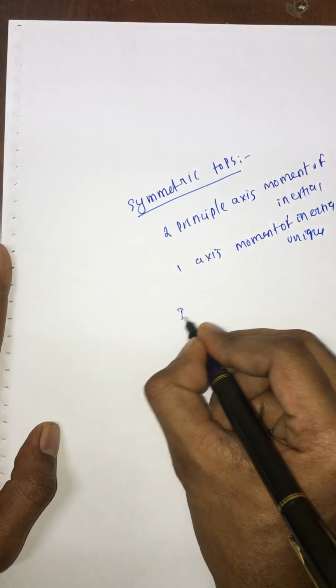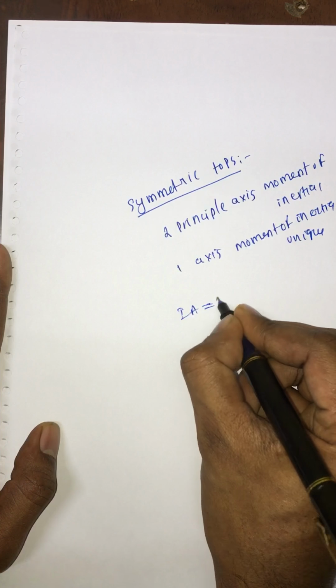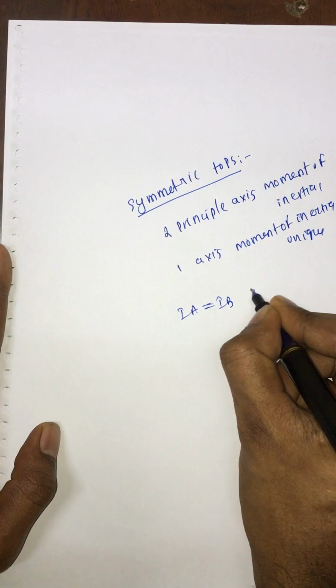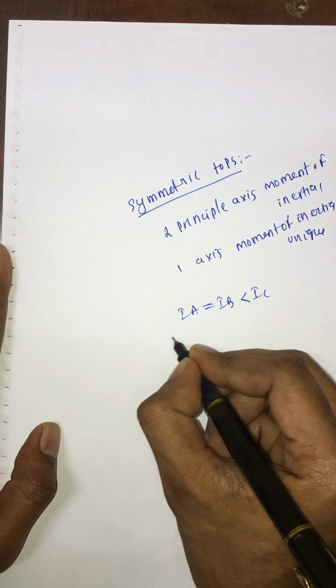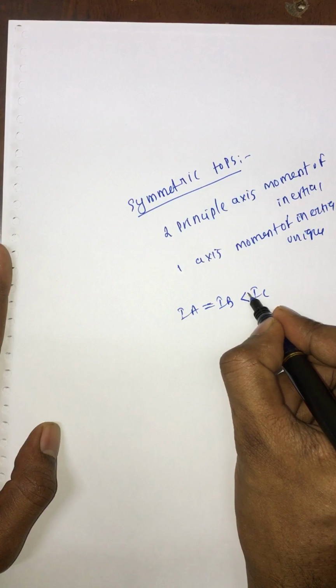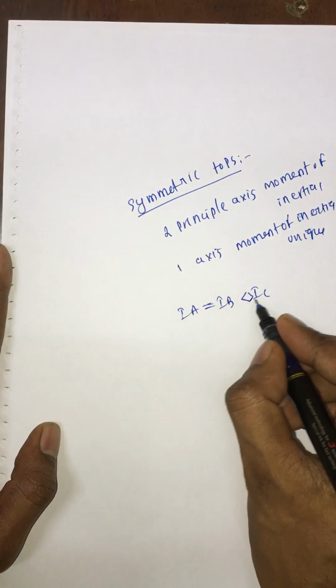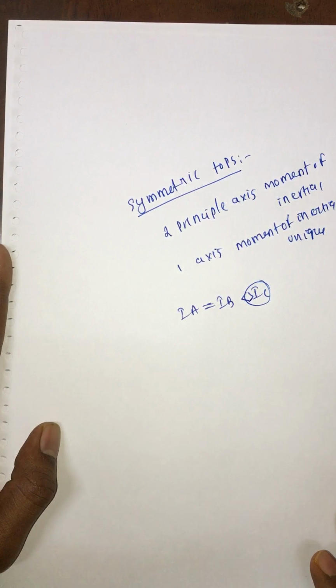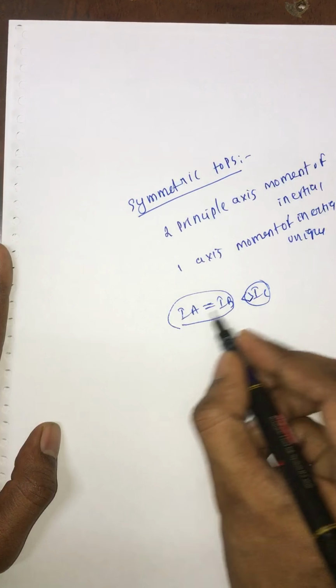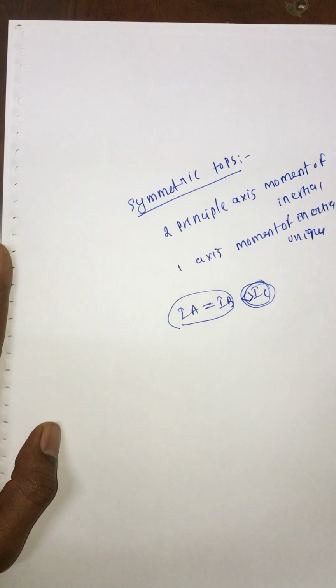If IA and IB are the same, then IC will be either less than this or greater than this, so that's why we call it unique. Two moments of inertia are the same and another is unique in a symmetric top. That's why it's very very important.